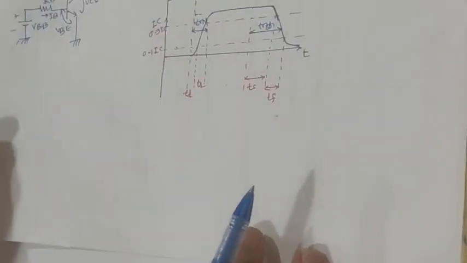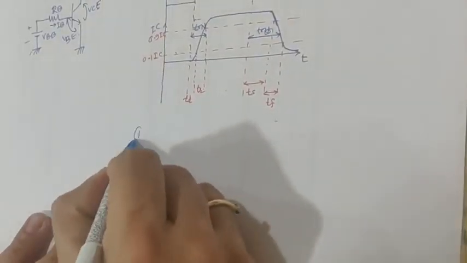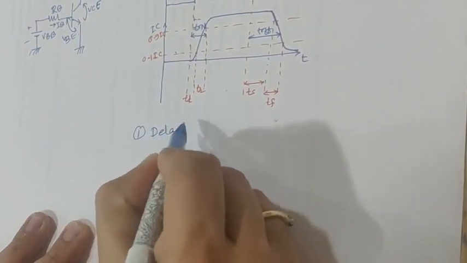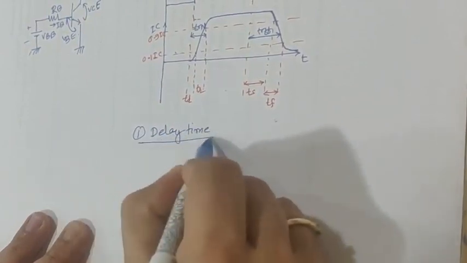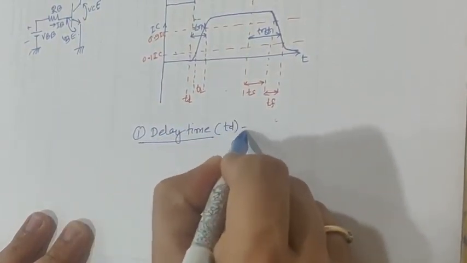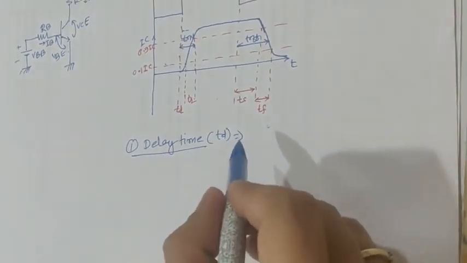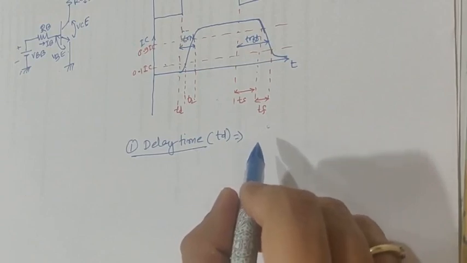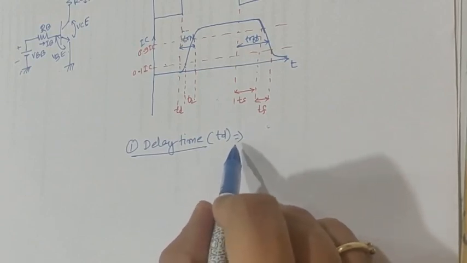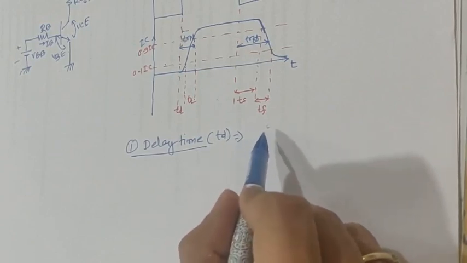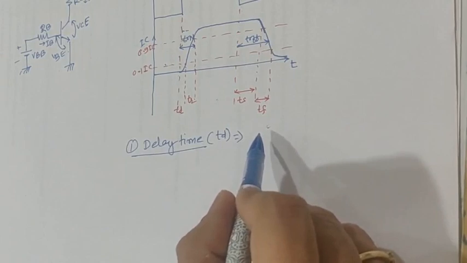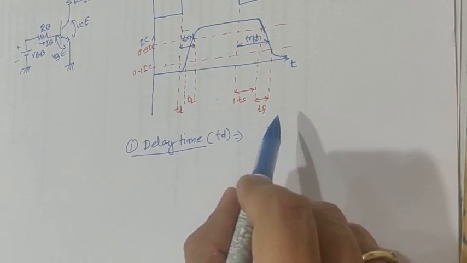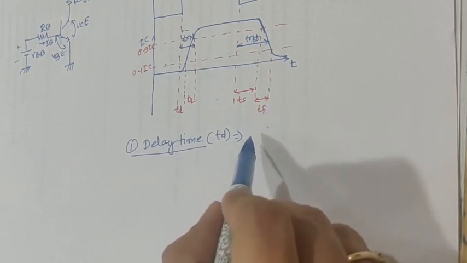So let us start with the first one, delay time, TD. Now what is delay time TD? There are three factors that contribute to the delay time. First, there is a delay which results from the fact that when the driving signal is applied to the transistor input, it will require a cut-in potential to start.